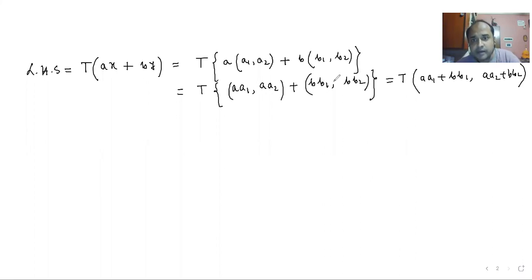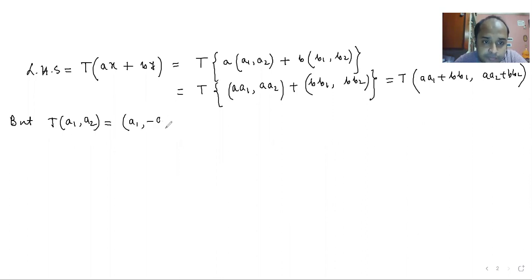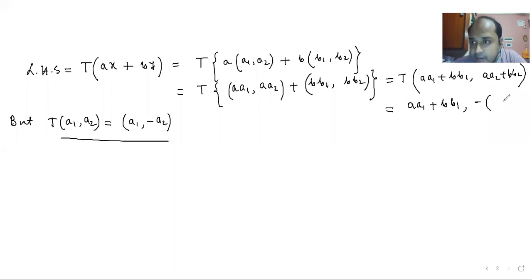So we can write it as T of (a1 plus b1, a2 plus b2). But you already know that the transformation is given by the following formula: T of (a1, a2) is equal to (a1, minus a2). Okay, this is my formula given. So I can write it as, this is your first coordinate, it will remain same, so a1 plus b1 will remain same, and the second coordinate will become minus of that, a2 plus b2.